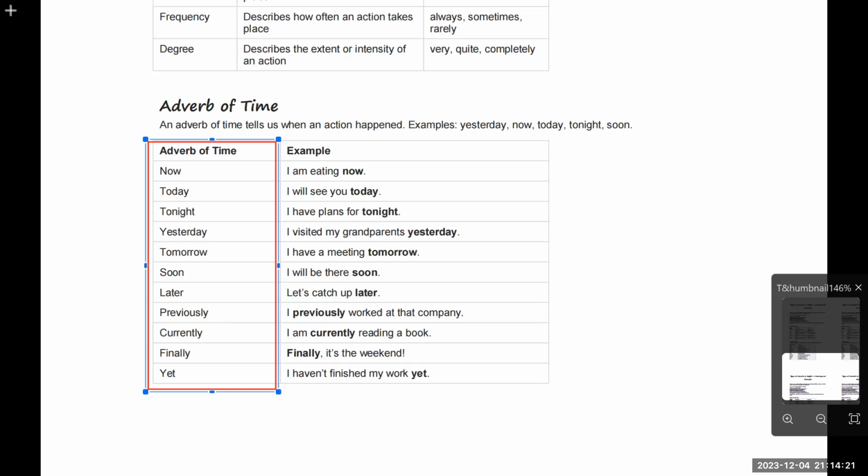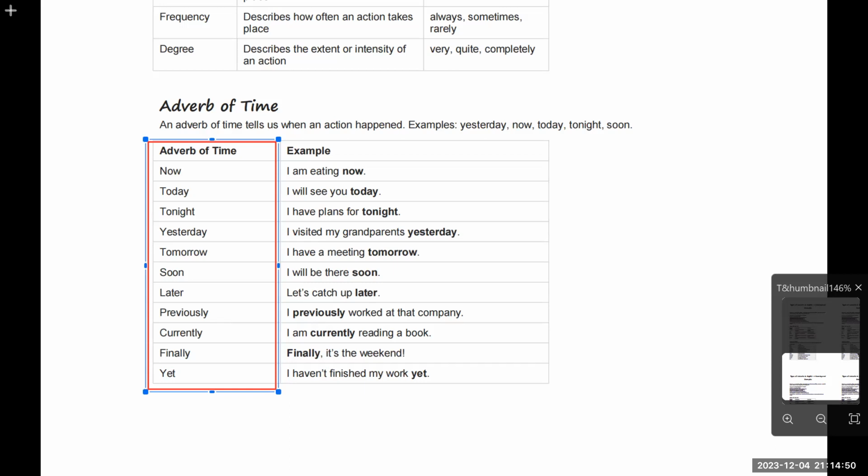You said made, right? Yeah, if you say previously, it means in the past, so it should be in the past form of a verb, of an action word. So made, that's correct. I previously made that project. You said project, right? Okay, that's correct. Very good. So that's how you use previously and currently.